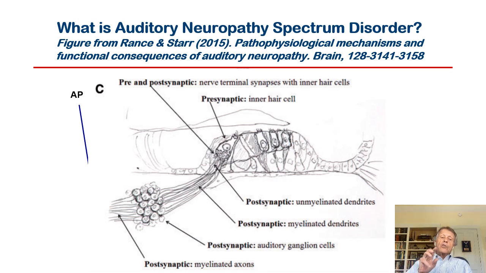So the problem is usually either presynaptic, which involves the release of the neurotransmitter at the bottom of the inner hair cell. So it's technically an inner hair cell problem, but it's not that the inner hair cells themselves are not functioning, it's they're not producing the neurotransmitter that is necessary for hearing. Or is the problem postsynaptic? Is it in the nerve, and are the hair cells, inner and outer, normal?